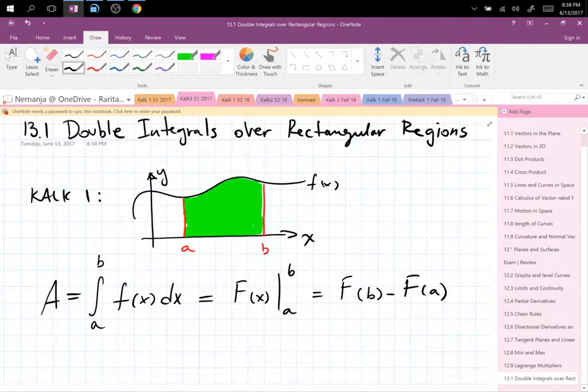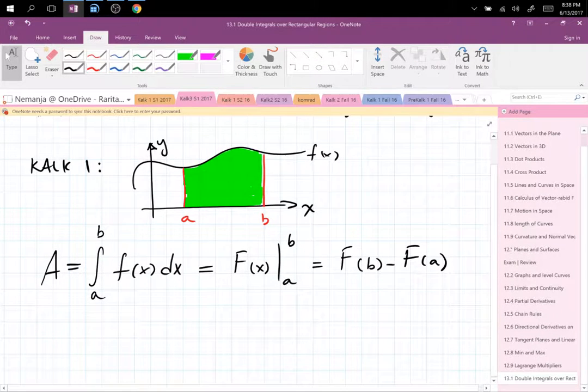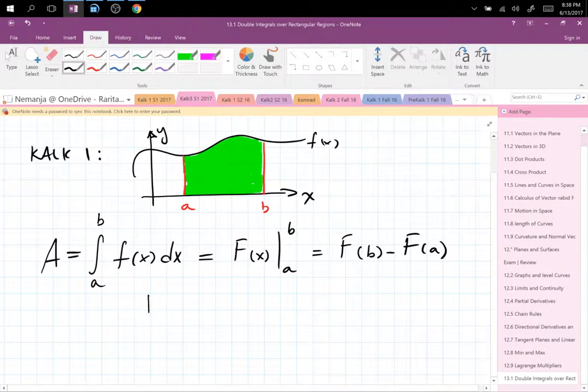However, if the area drops below the x-axis, it becomes negative.